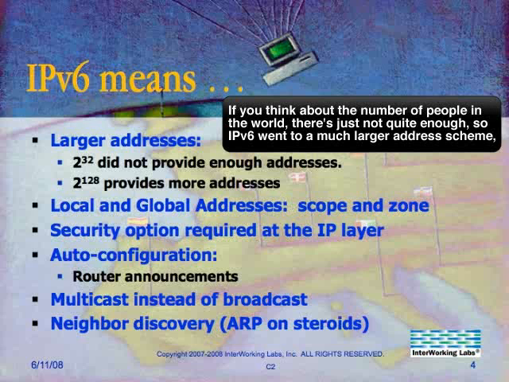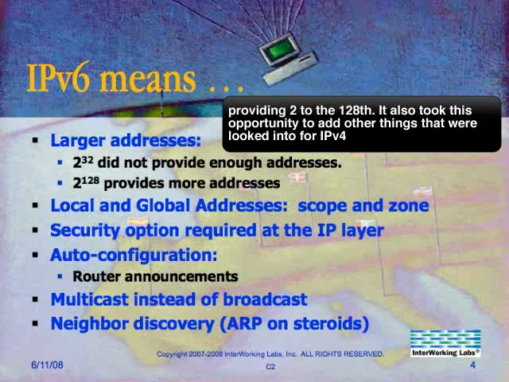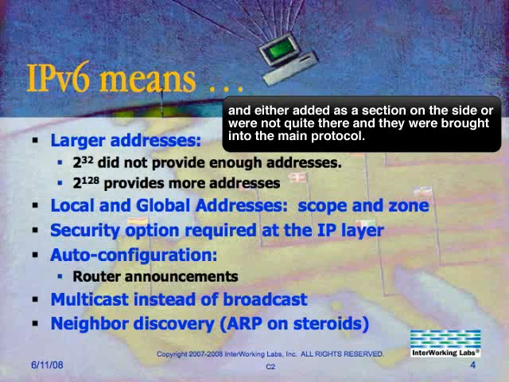So IPv6 went to a much larger address scheme, providing 2 to the 128th. It also took this opportunity to add other things that had been looked into for IPv4 and either added as a section on the side or were not quite there, and they were brought into the main protocol.